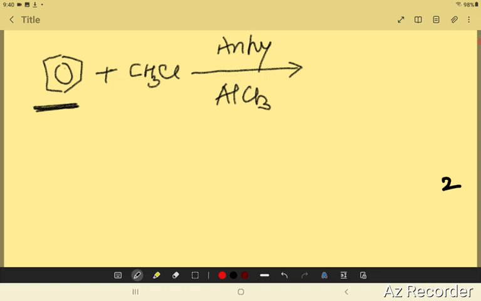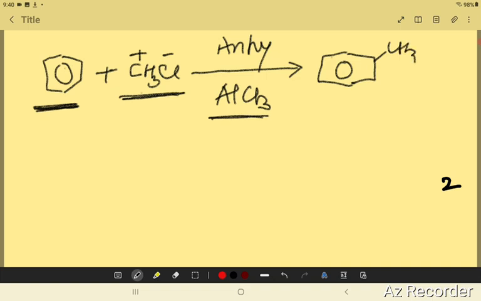So this anhydrous AlCl3 will convert this group into a positive one, that means a carbocation, and Cl negative, and this methyl group will be attached to the benzene ring. So you will get toluene, that means benzene ring single bond CH3, and HCl is formed as a byproduct.